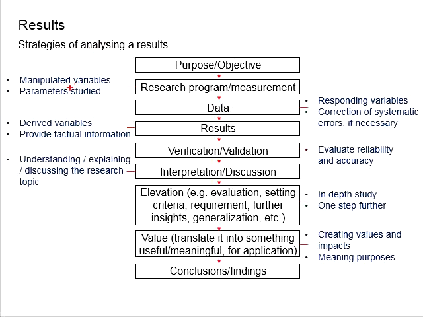Of course, in order to acquire the parameters that you would like to study, there will be an extensive literature review for you to identify which parameters are likely to influence the performance or the response of the subject that you are studying.